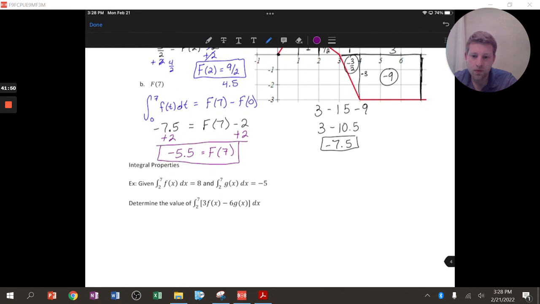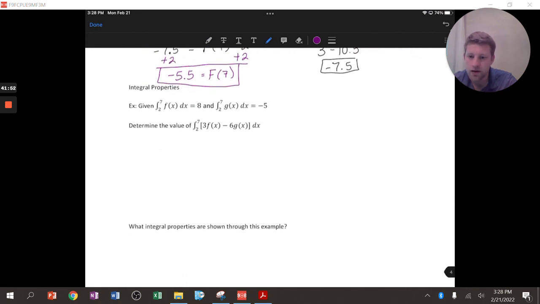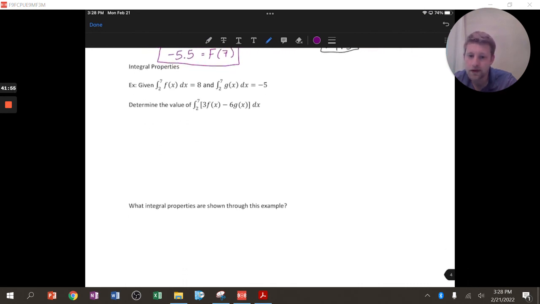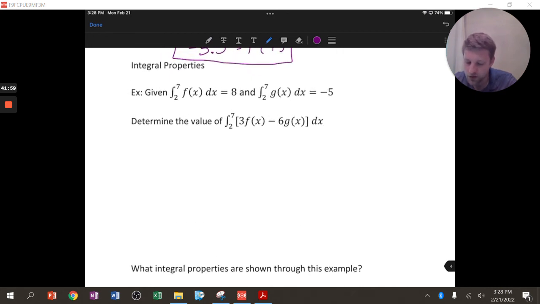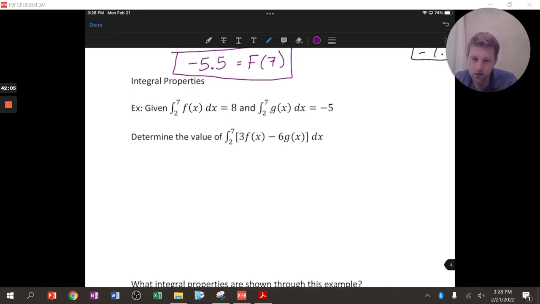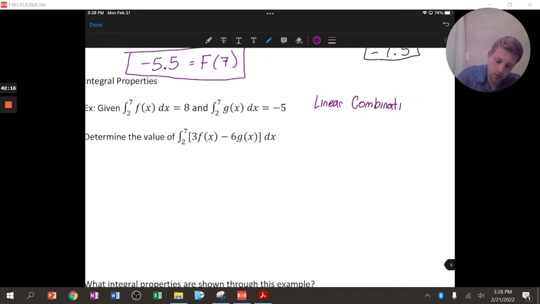The last problem that we'll consider is just taking a look at some integral properties and seeing how we can work through this. So we are given 2 integrals, one for the function f and one for the function g. And this is going to take a look at kind of what we would call linear combinations of functions here.